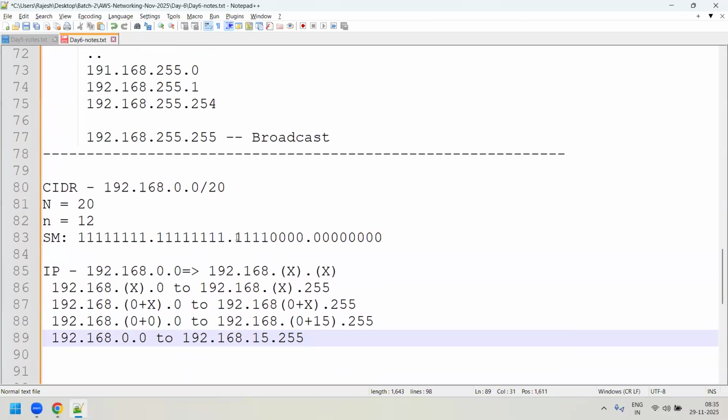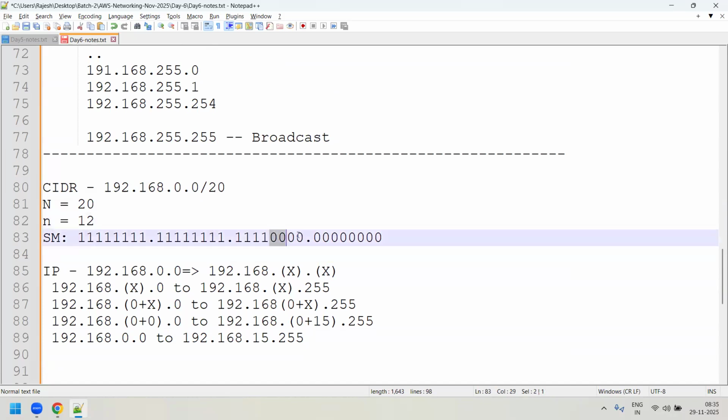Sir, here what happened? Now this is fixed, sir. We won't touch it because this comes under the capital N, right? So this we don't touch. We only play around with this. Because here in the third octet we got a combination of ones and zeros, right? Then this 1111 you can't touch, because this is capital N. It is fixed.